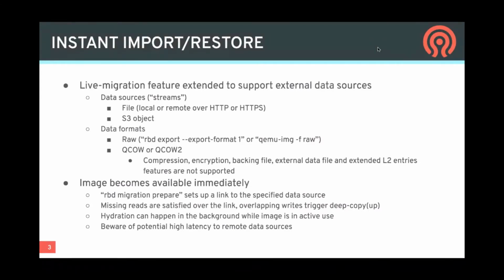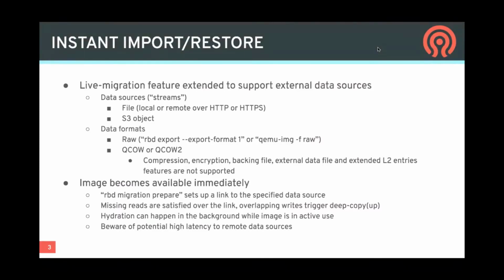And so once the link to the data source is set up, the image, even though it is still empty, can be opened as if it was already fully imported. A read on an uninitialized area would be redirected to the data source. A write on an uninitialized area would check if it overlaps with something initialized in the data source.